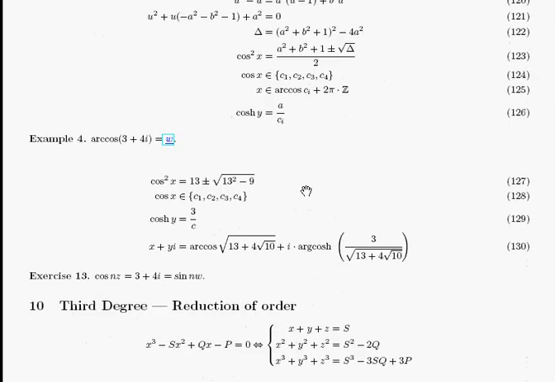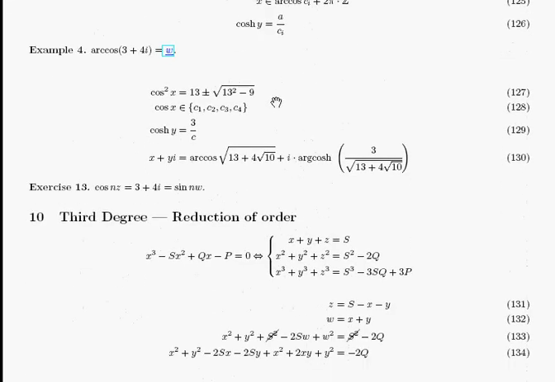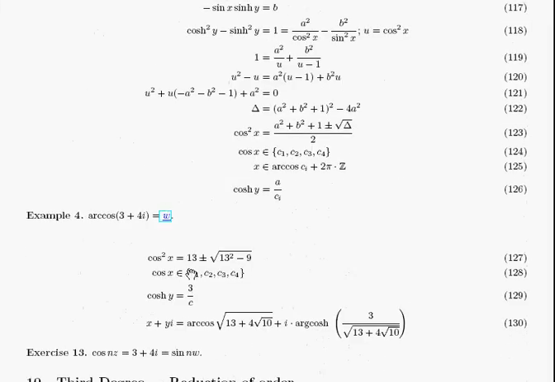Example, who is the arc cosine of 3 plus 4i equals w? We know the cosine squared of x is 13 plus or minus, here 26 plus square root of 26 squared minus 4 times 9.